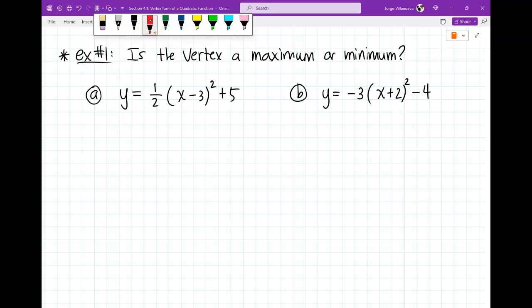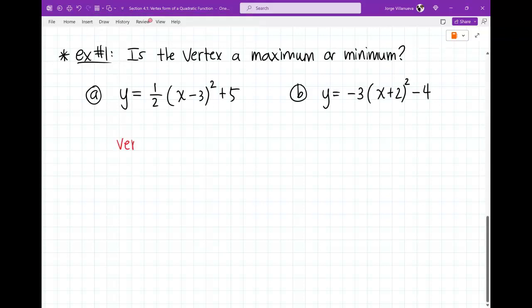And I know I didn't ask for this, but I am going to ask you guys for this. First off, I want to know what the vertex is. Okay, then we can answer the question. I first want to know what is the vertex, because that'll help us not do an extra set of examples. We can kill 2 birds with 1 stone here.